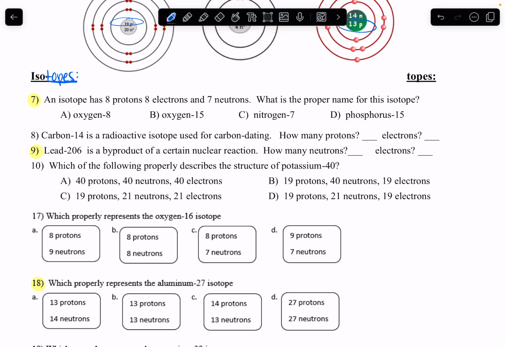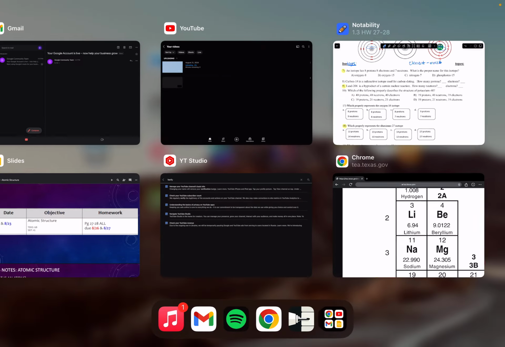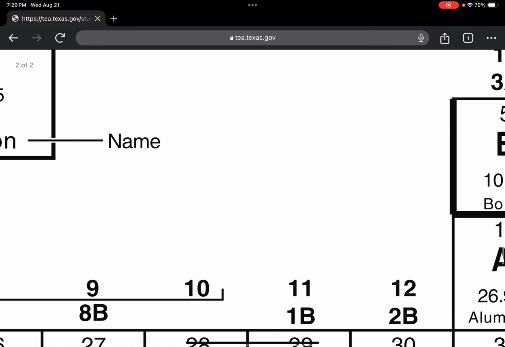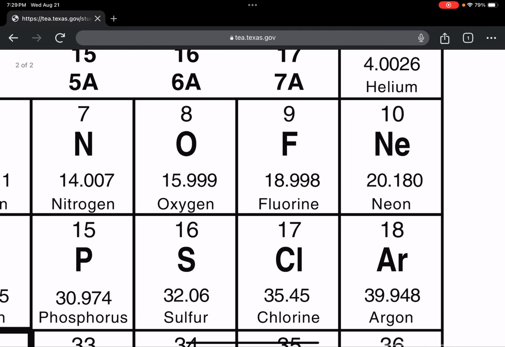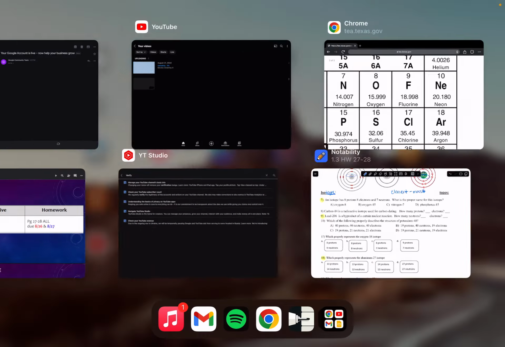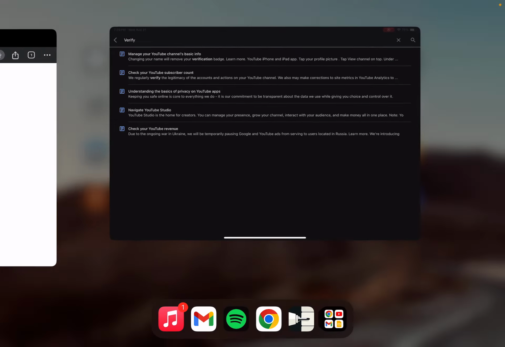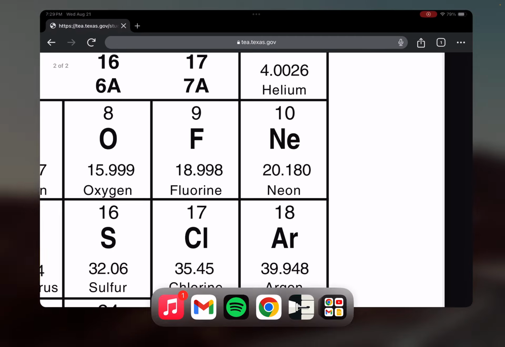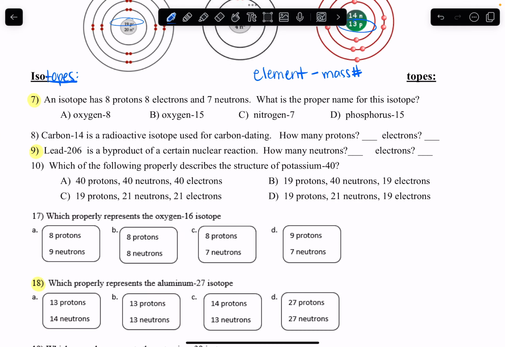Remember, my isotopic notation is the element name, dash, mass number. I have 8 protons, so let's find the element name. 4, 5, 6, 7, 8 right there. So it's going to be oxygen. That means C and D are out.